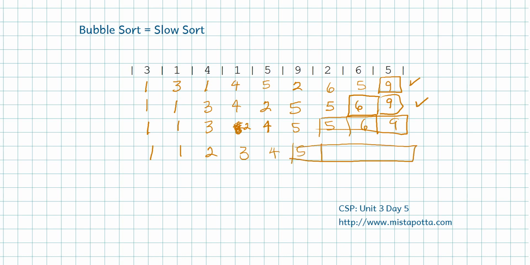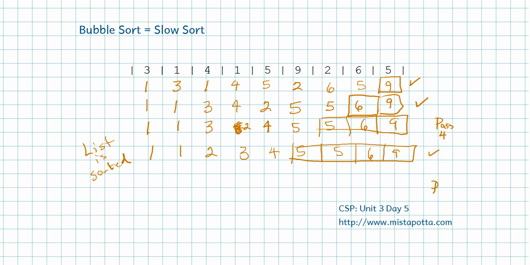And this is something else that we have to be careful about. Even though at this point the list is sorted, keep in mind that we are only on pass 4. So the thing is, we have no idea if we're done or not. We have to go through the process. We have to do the comparisons because we need to get down to where we have pass 0, 1, 2, 3, 4, 5, 6, 7, 8.